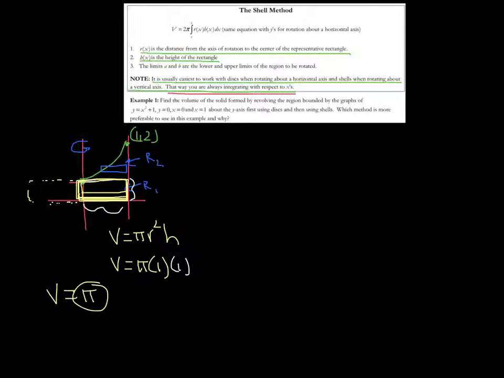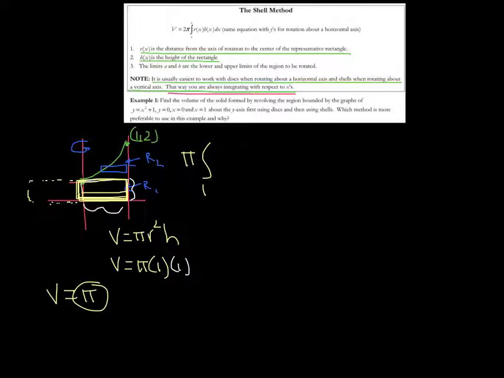All right, now let's work on region 2. Region 2, we are going to have to use the washer method. And what is the washer method again? Well, the washer method is pi, the integral. And now notice this is a dy strip, so we need to be integrating according to the variable y.